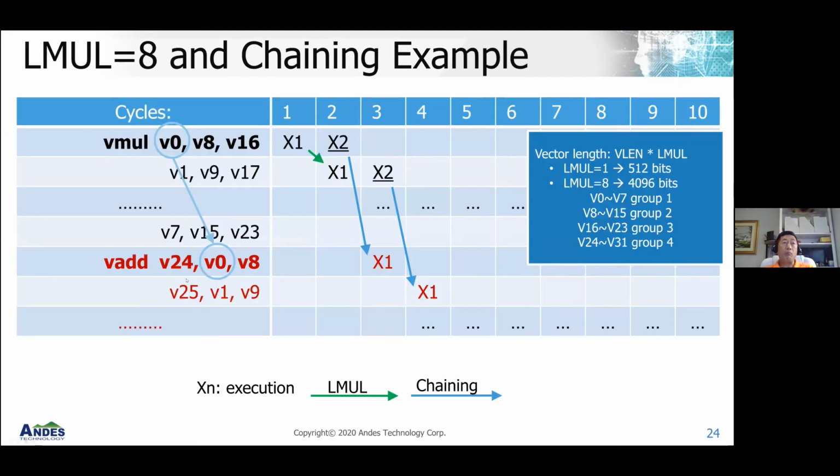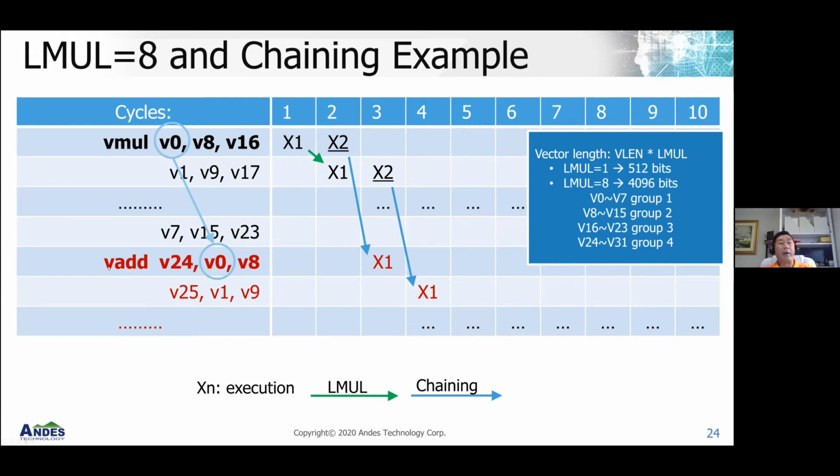And so as I said earlier, for example, you have a vector multiply operation. It will break up into 8 micro-ops, and the first micro-op will write to V0, the second micro-op will write into V1, and the 8th micro-op will write into V7. The vector multiply is pipelined, so you can perform one at a time.